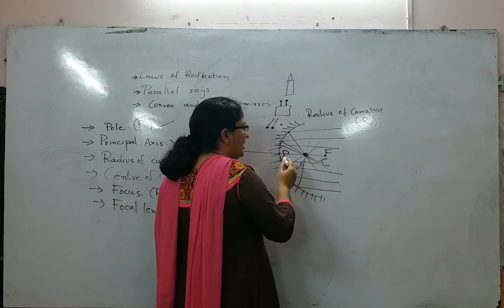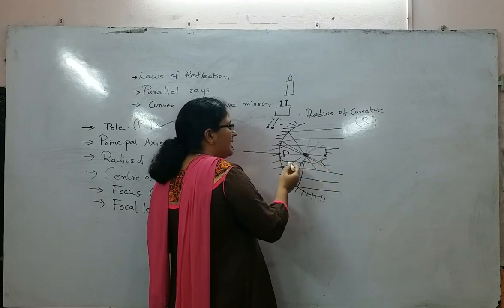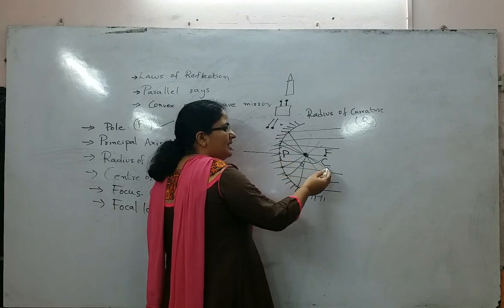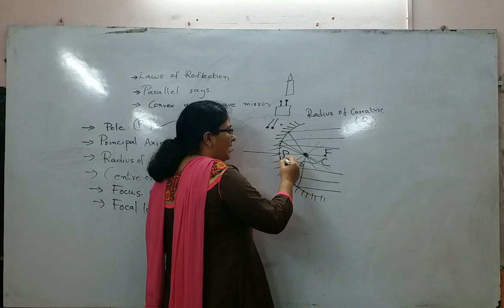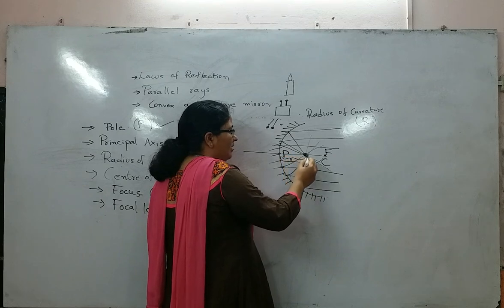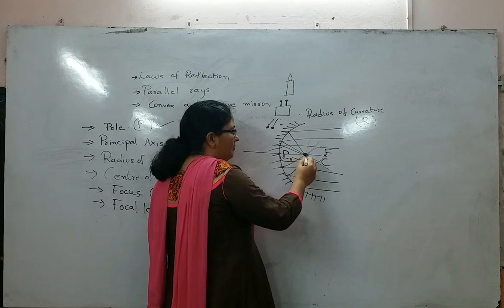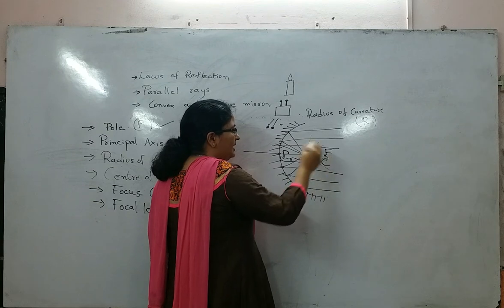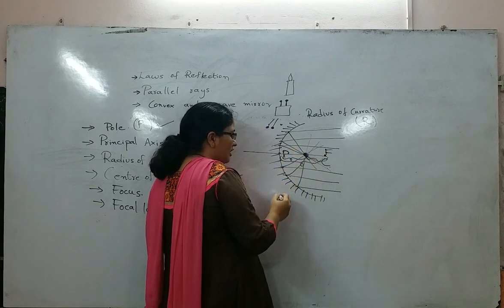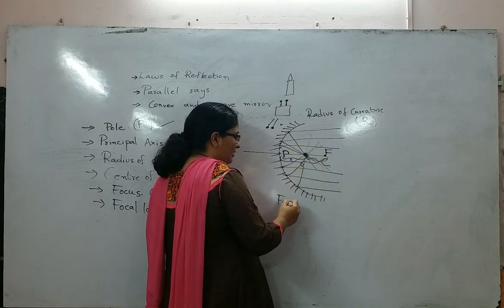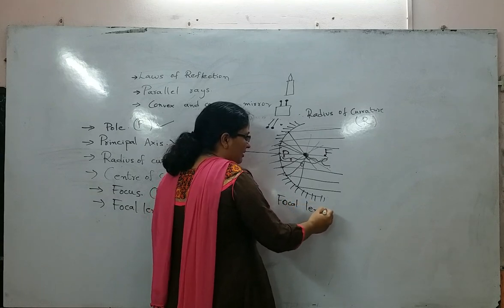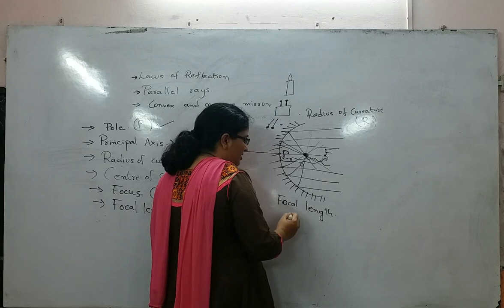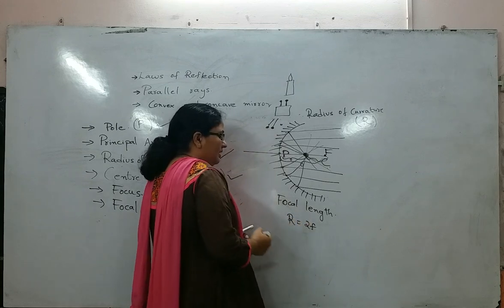It lies between P and C, that is, between the pole and the center of curvature. The distance between P and F or F and C is called the focal length. You will observe that the radius of curvature is twice the focal length.